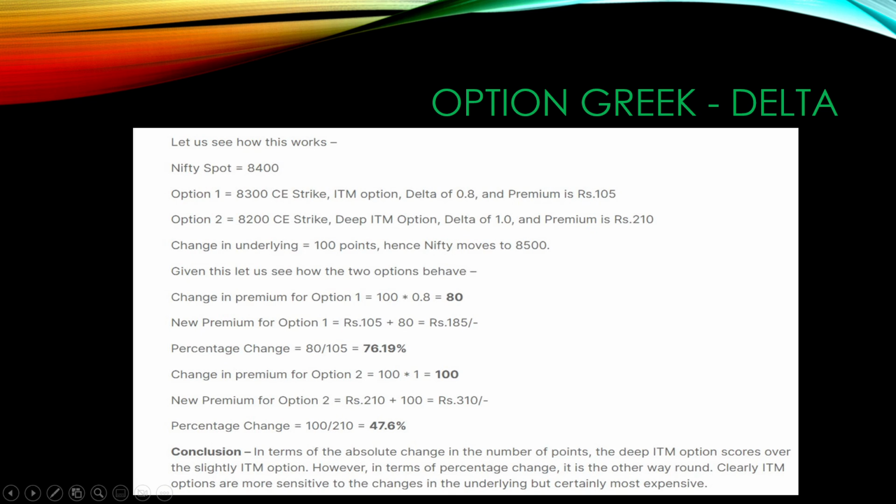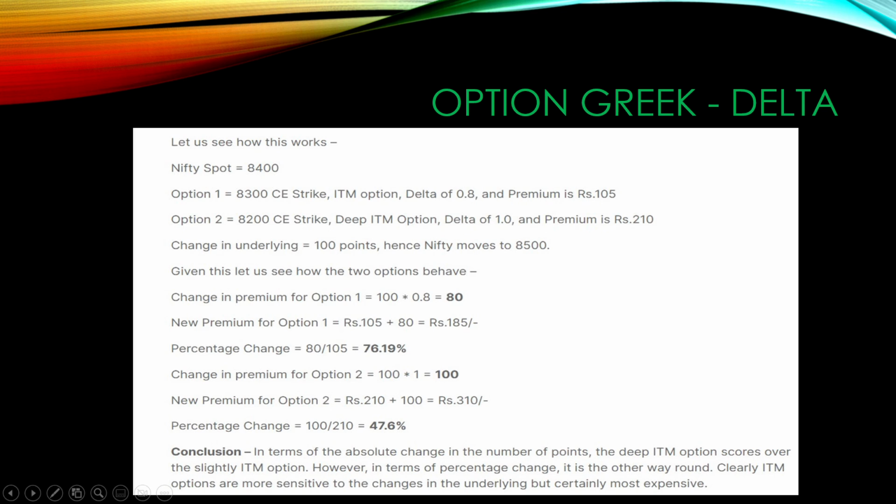In the second option, the premium increased by 100 rupees. Why? The delta was not 0.8, it was 1. The actual Nifty price increase from 8,400 to 8,500 is 100.